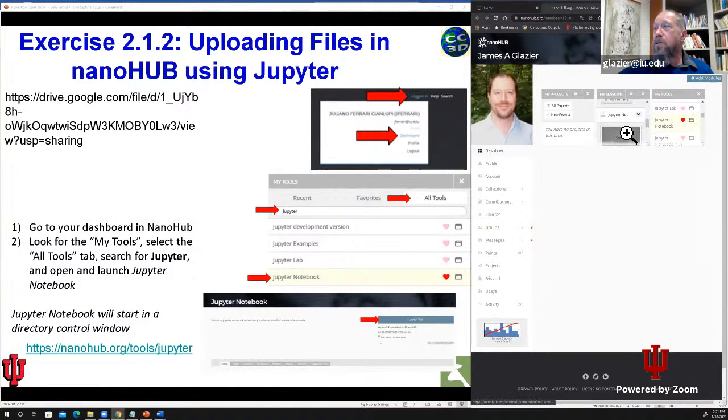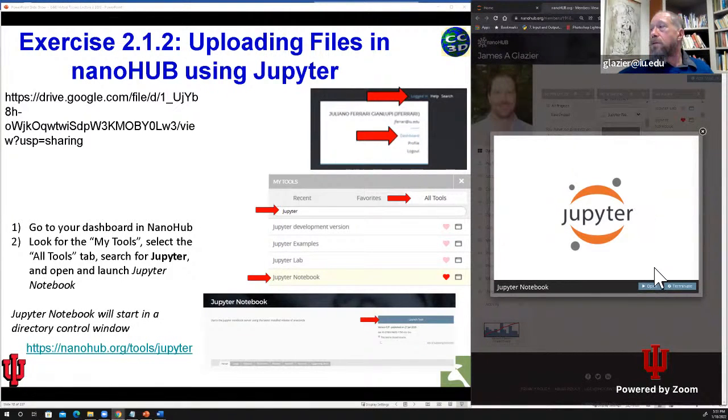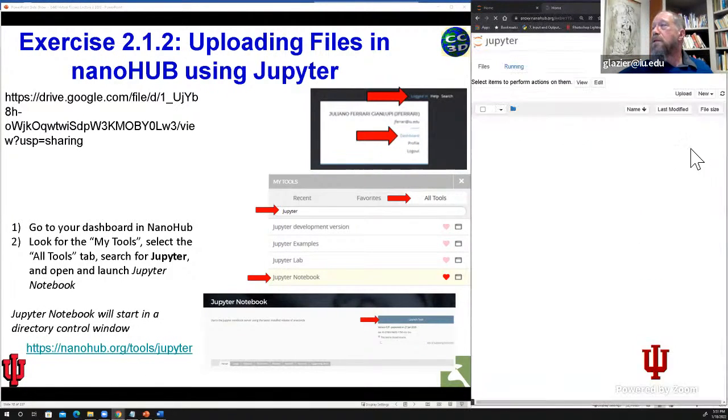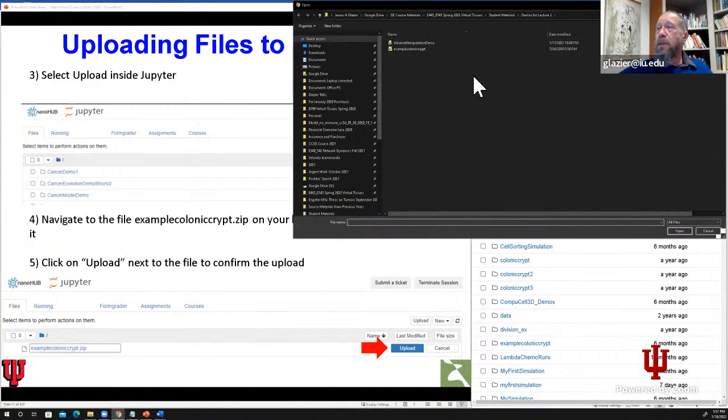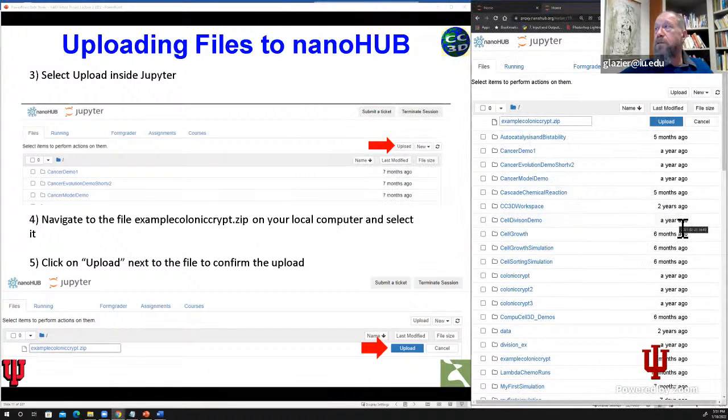I'm going to go back to the session I have. Yes. You should get a window that looks like this, and the key thing here is that there is an upload button. So click on upload. You'll have to navigate to find the zipped file that you want. Here it is. It'll obviously be in a different place for you. Then you'll have to click upload again to actually confirm the upload.